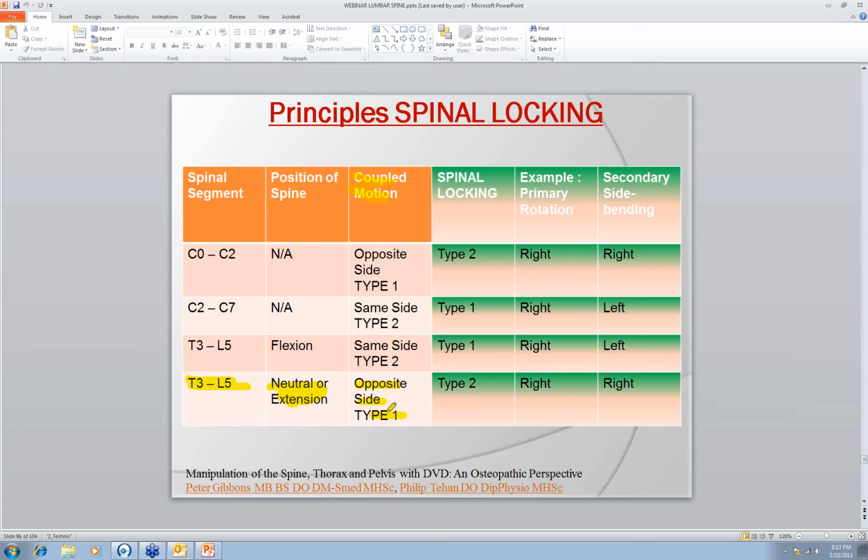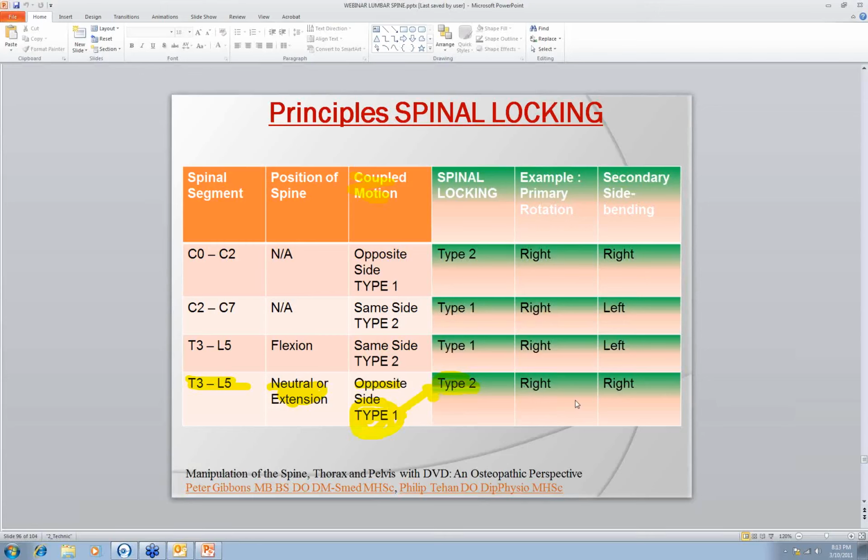So if I have a type 1 normal movement here, in order to produce a spinal locking, I have to produce a type 2 movement. Example: my primary rotation will be to the right, and my secondary side bending will be to the right.